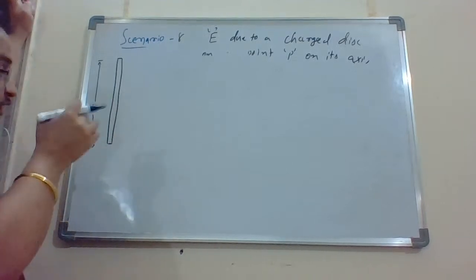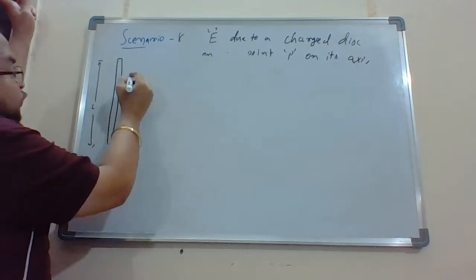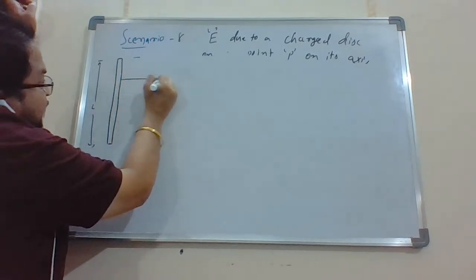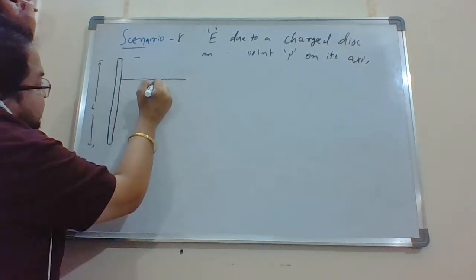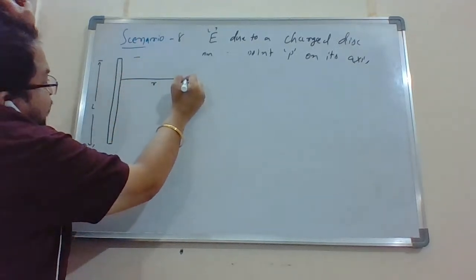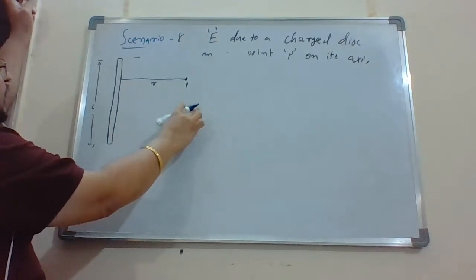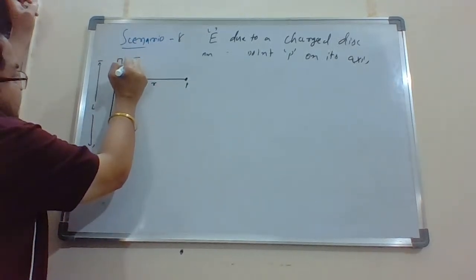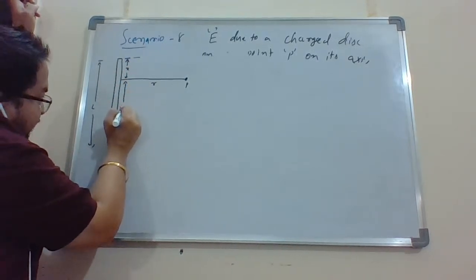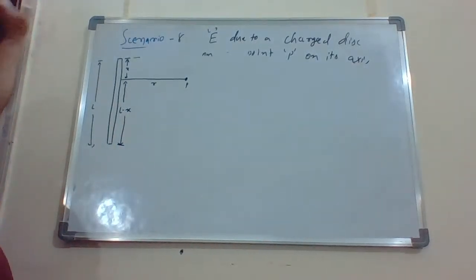But in reality, you may also need to find the electric field intensity at a distance r from any side of it, at a point P which is not on the perpendicular bisector. So say if this distance is x, this will obviously be L minus x.